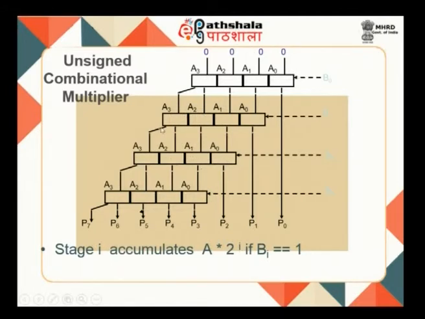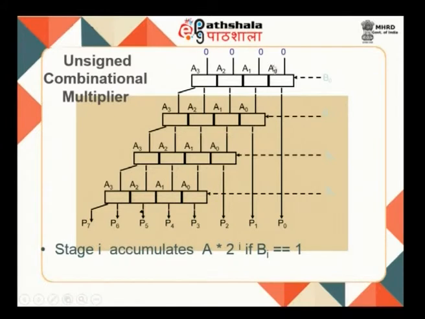The structure of these basic units takes care of the shifting operation, and you just form partial products. The partial products are formed here, added with 0 because that is the first partial product, and passed on here. Now, this gets added with a new product that is formed.